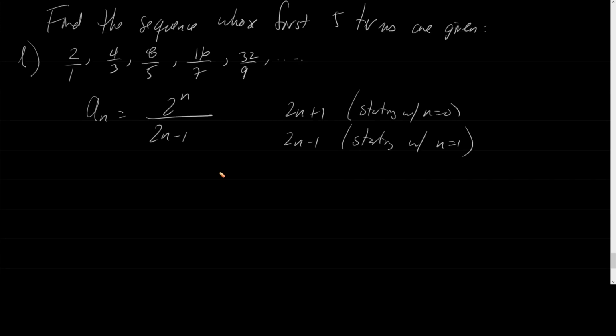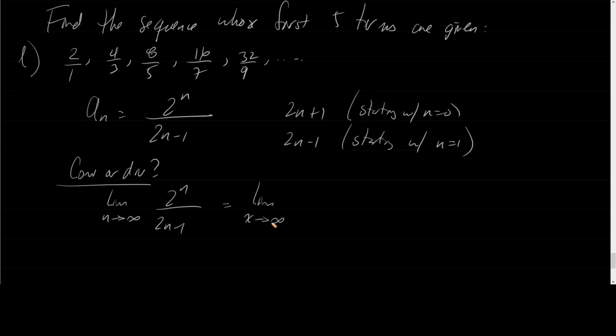And if we really wanted to, let's figure out whether it converges or diverges. So if I take the limit as n goes to infinity of 2 to the n over 2n minus 1, that's the same thing as saying the limit as x goes to infinity of 2 to the x over 2x minus 1.